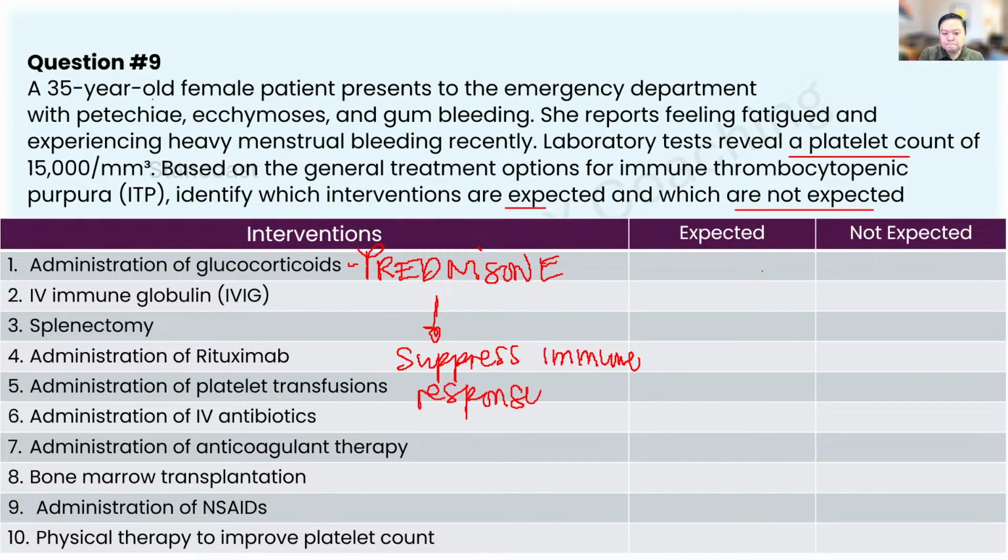And the expectation here is to allow the elevation of the platelet count and also reduce the bleeding risk. So this is going to be expected.